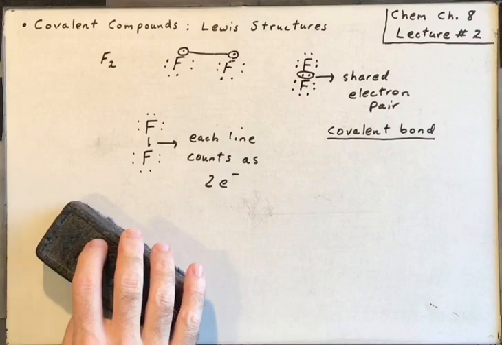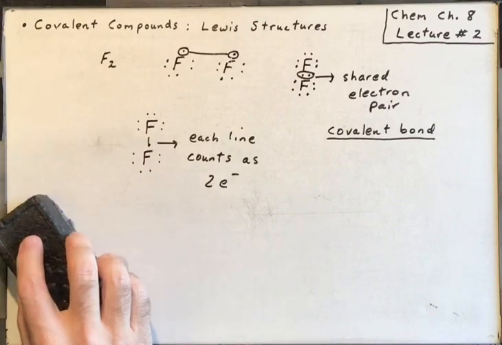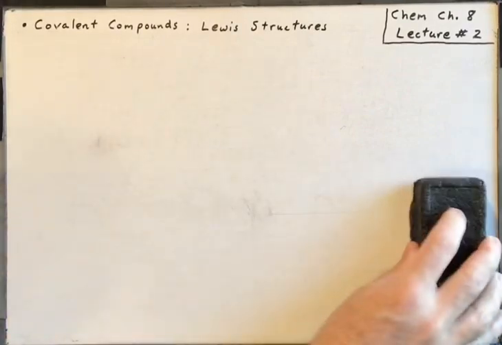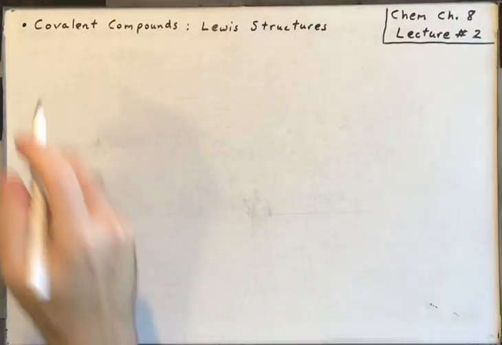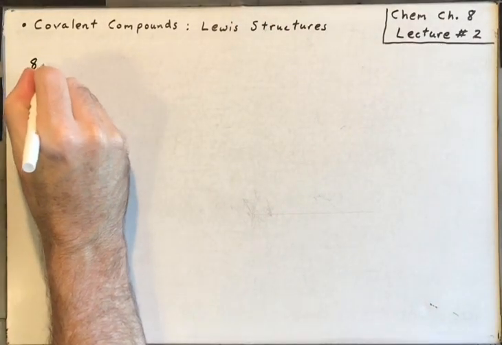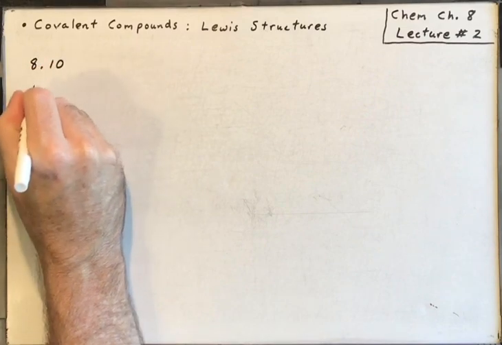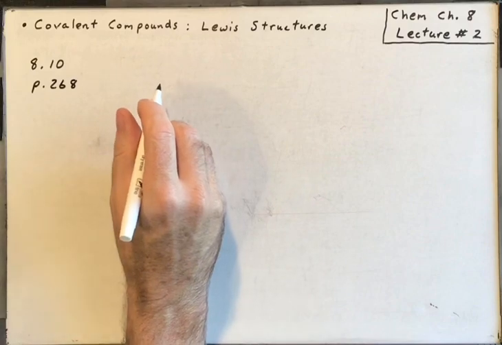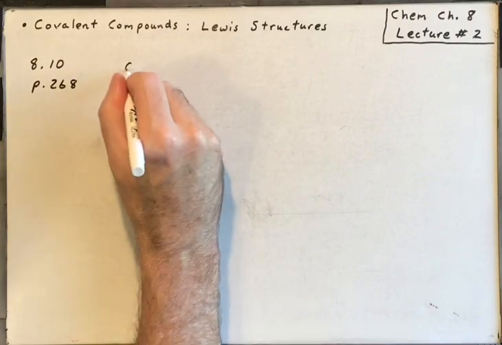In your book, open to 268, and let's do On Your Own 8.10. The first one that we're going to draw is NH3.